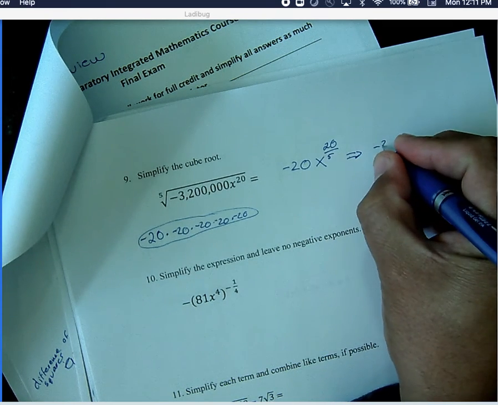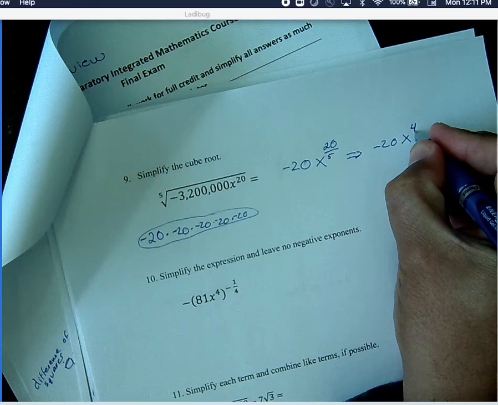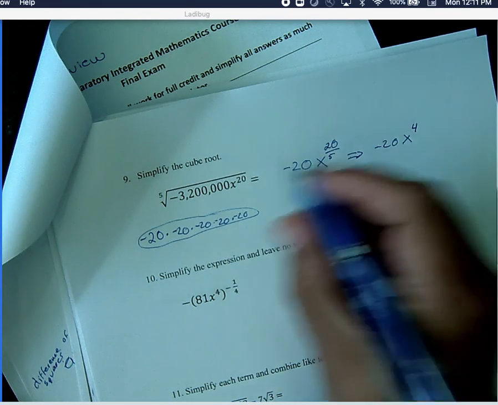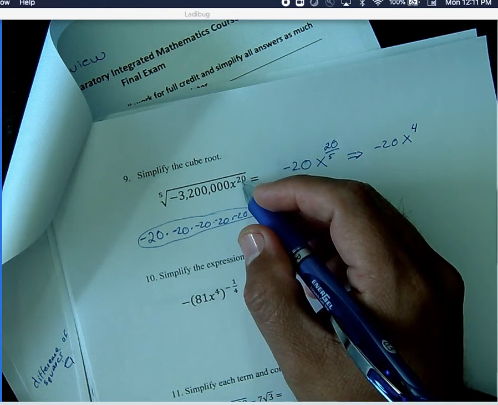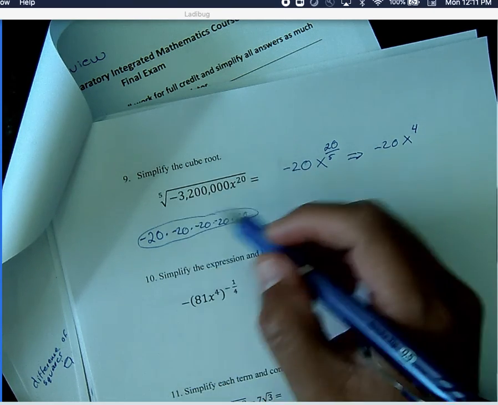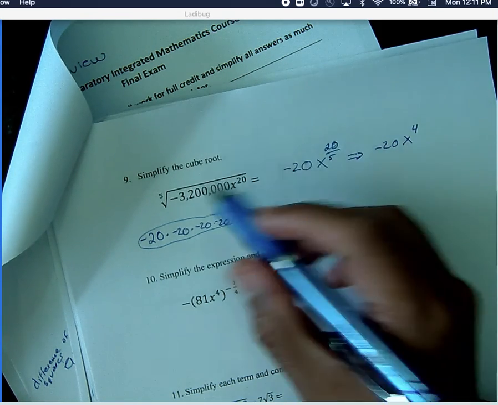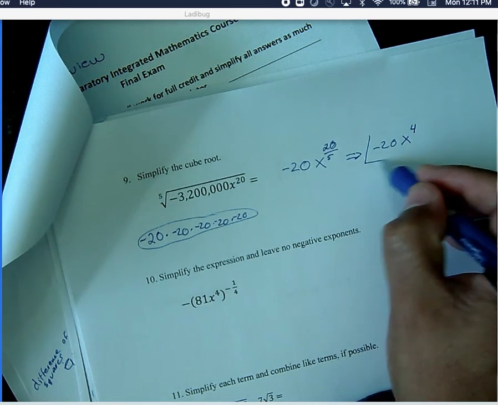So negative 20 x to the 4th. 20 divided by 5 would be 4, and that's how you can find the fifth root of x to the 20, by dividing that number by the root. And that's the answer.